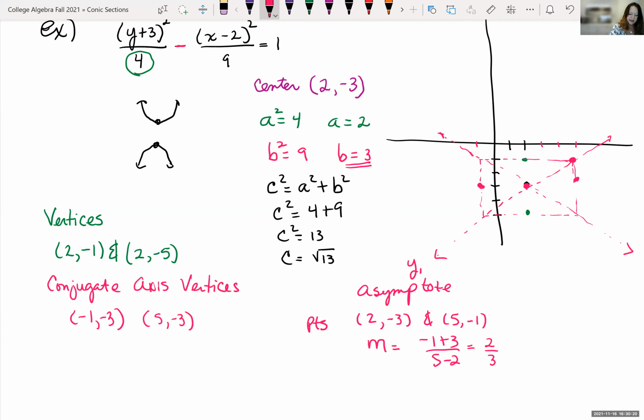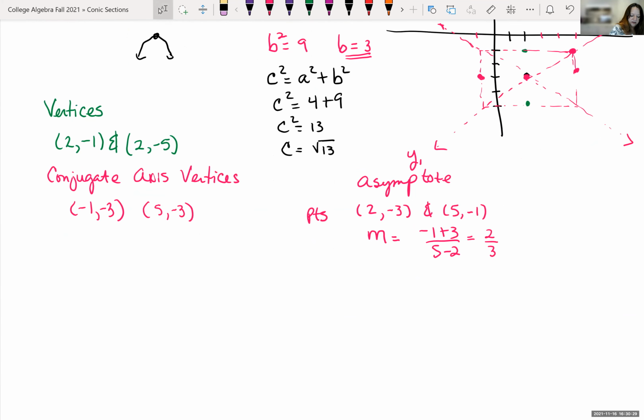So given a point and the slope, we can find the equation of the asymptote. Looking at the first point and the slope of 2/3, plugging our values into y equals mx plus b. So our y value is -3 equals our slope of 2/3 times our x value of 2 plus b. So I have -3 equals 4/3 plus b. I'm going to subtract 4/3 on both sides. We're going to have to add some fractions, so let's get a common denominator, which would be 3.